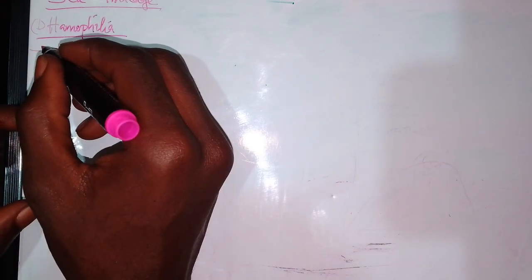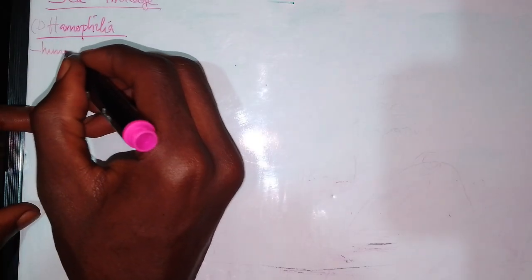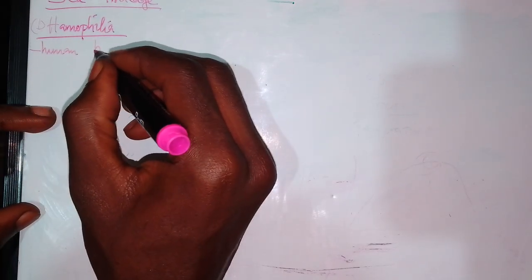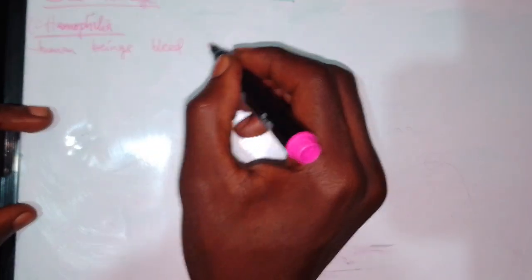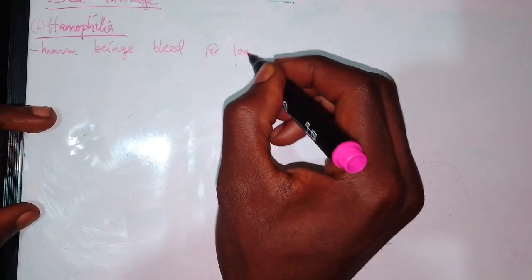This disease is inherited. You get this disease from your parents. So hemophilia is when human beings bleed for a longer period.